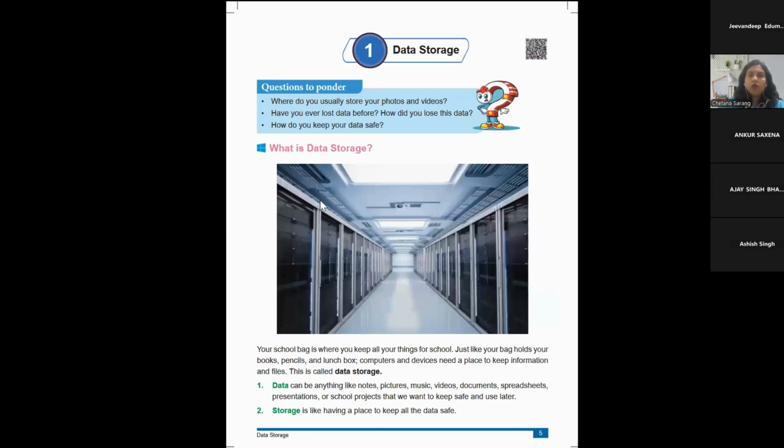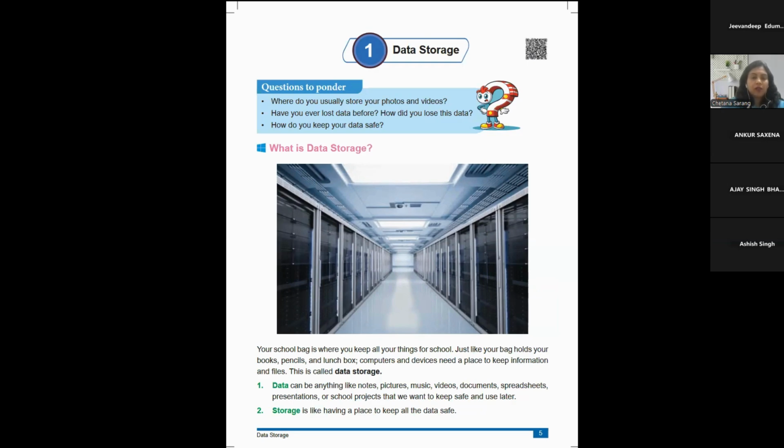So here we talk about data storage. We can begin this chapter by asking students how they manage their data. What types of data do they generate, or what type of data do they store usually? So, data is typically in the form of some documents, pictures, videos, presentations.